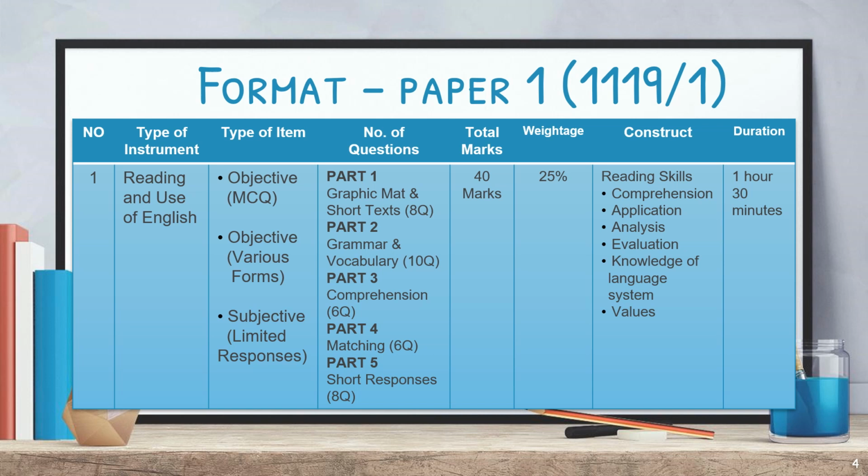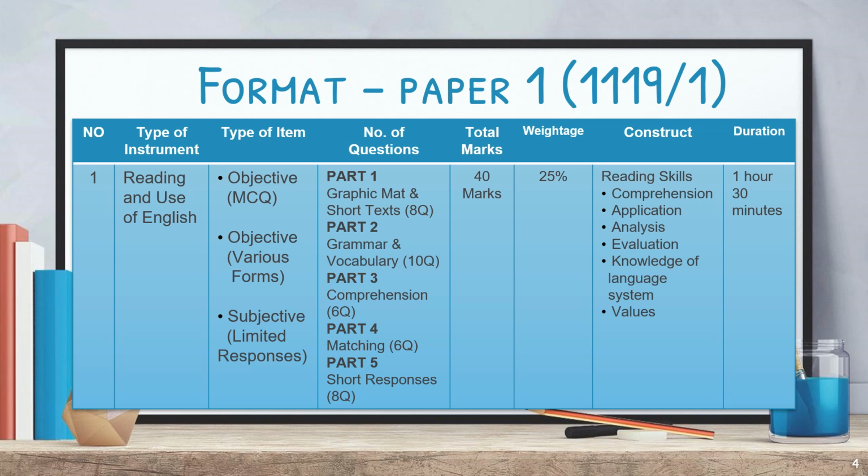The options given are A, B, and C. There are 8 questions for this part. Part 2 will be focusing on grammar and vocabulary. It is also multiple choice, and there are 4 options, A, B, C, and D. And there are 10 questions for this part.